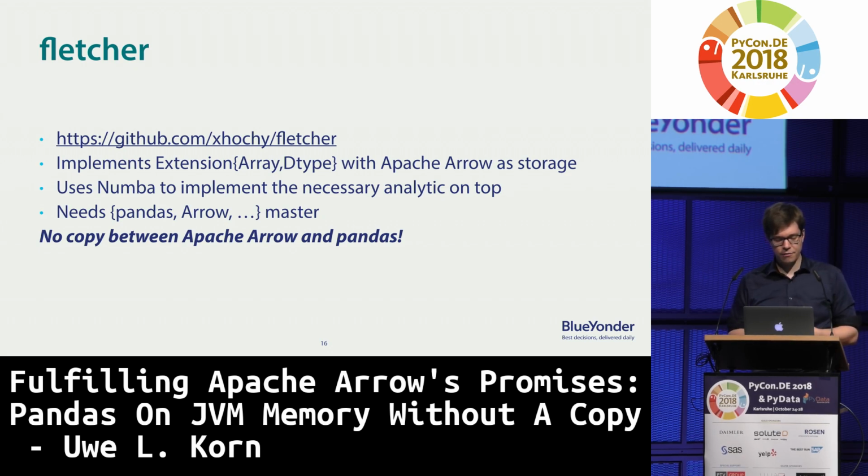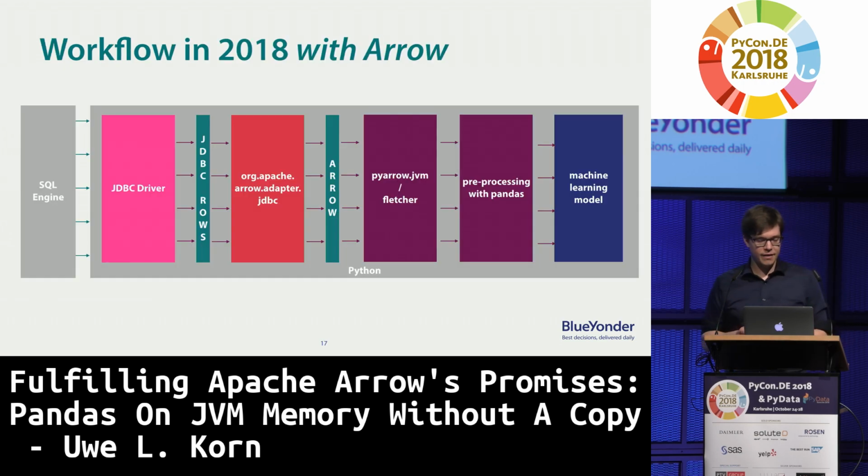And the benefit of using that is now, when I pass all my arrays that I already have in my record batch coming from Java, I can make a Pandas data frame out of the record batch simply by allocating these extension arrays. At the end, I have data which comes from my SQL engine.